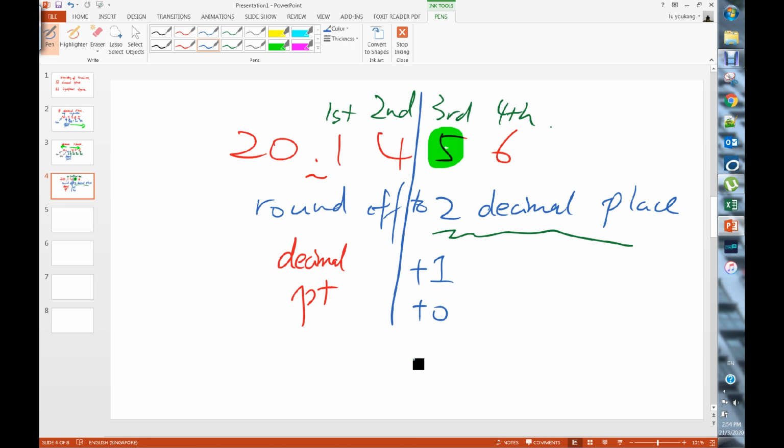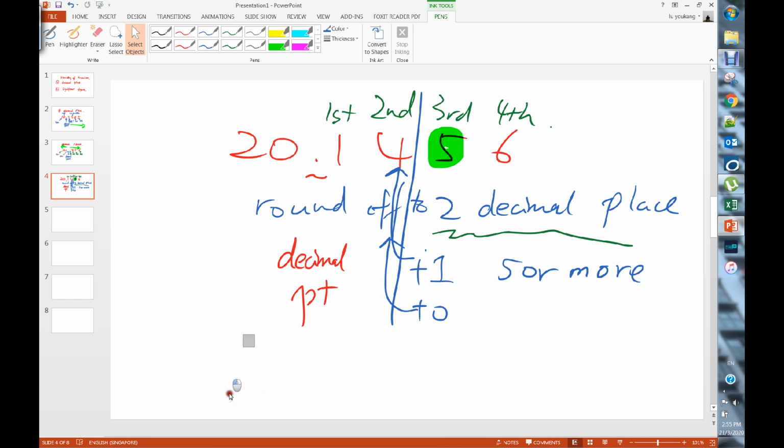It's either add 1 or add nothing. How do you decide whether it's add 1 to the previous place or add 0? 5 or more is add 1 to the front. If not, then you add 0.